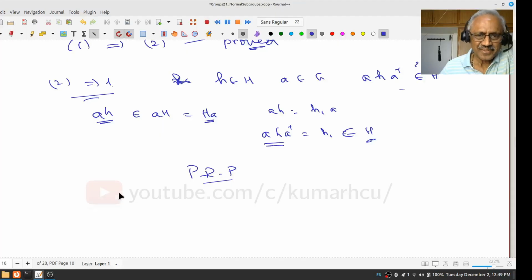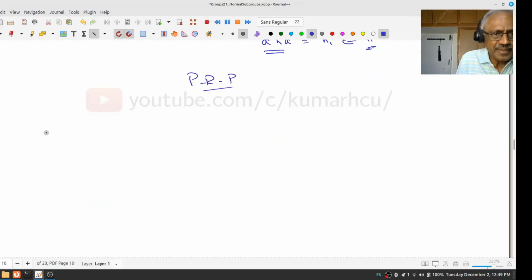For every A, I have a conjugation, right? Do you remember that X going to AXA inverse is a group homomorphism? Therefore, under such a group homomorphism, H should be mapped to H itself. Am I confusing? Okay, let me just say that. That is the most important property.